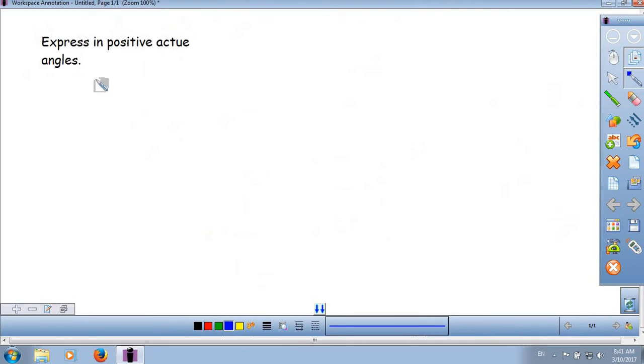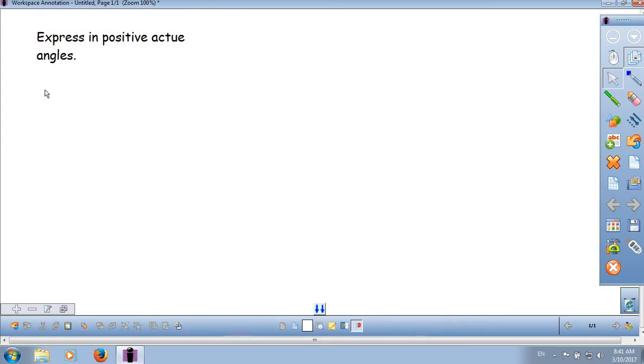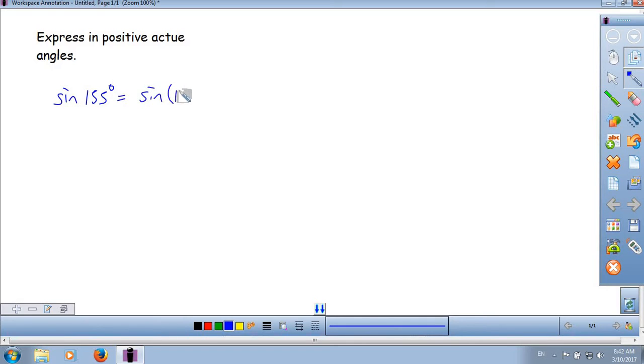Another type of problem that we will encounter is when we want to express a function in terms of positive acute angles. For example, if we have sine of 155, we want to express this using the sine of a positive acute angle. We know this is equivalent to sine of 180 degrees minus 25 degrees.